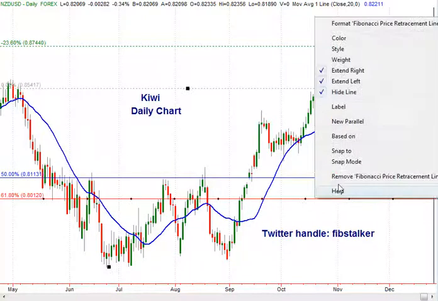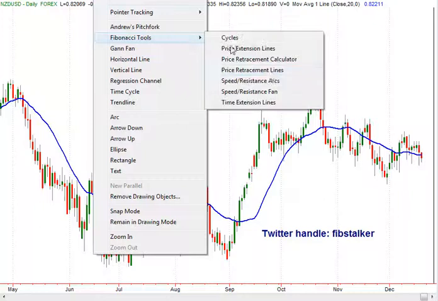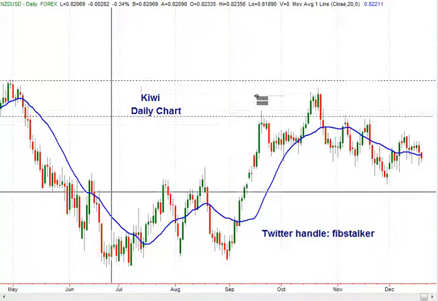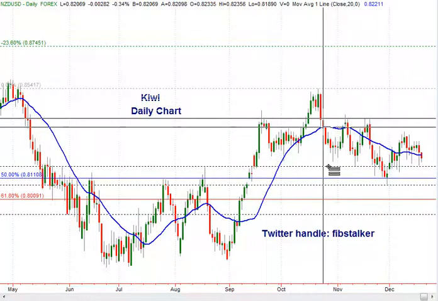We have a market that I believe is going to continue to move higher, and if we trace from lows in June to highs in October, we can see here that 81.10 acted as a support, and actually the sequence of measured move lower is broken, as we can see here.